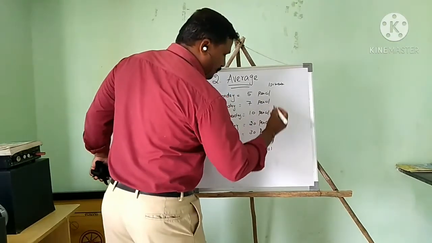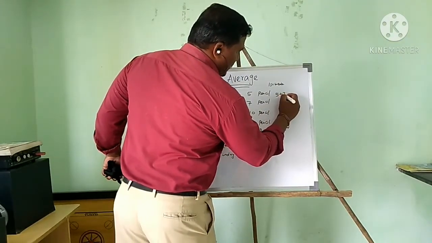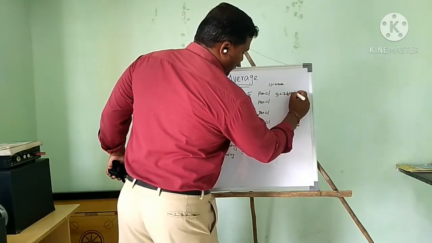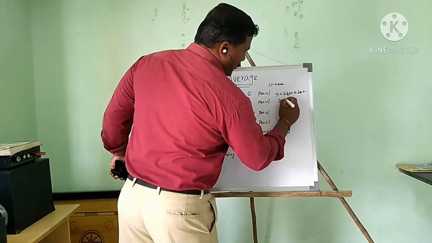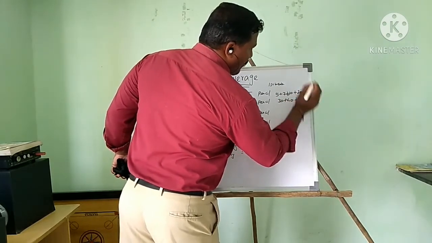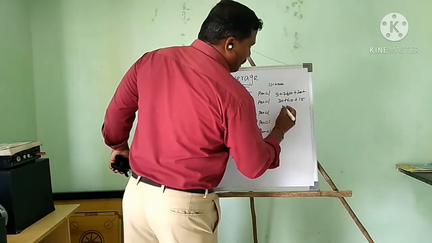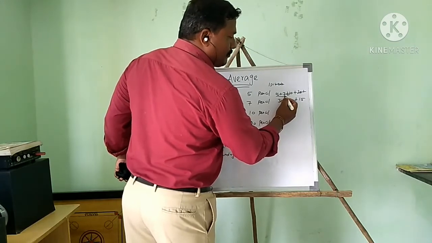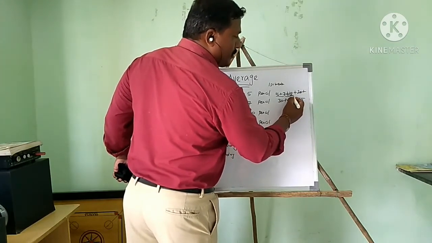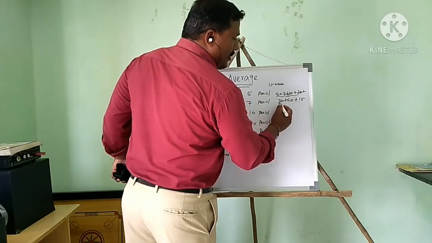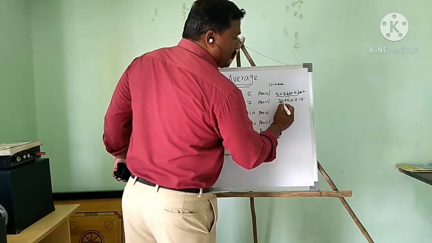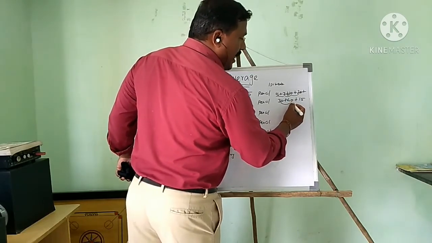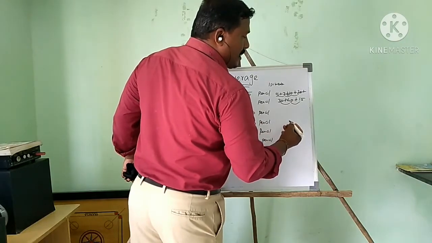So if we add 5 plus 7 plus 10 plus 20 plus 30 plus 40 plus 15: 5 plus 7 is 12, 12 plus 10 is 22, 22 plus 20 is 42, 42 plus 30 is 72, 72 plus 40 is 112... 110, 110 plus 15 is 125.